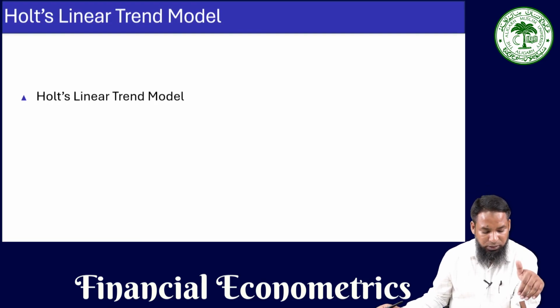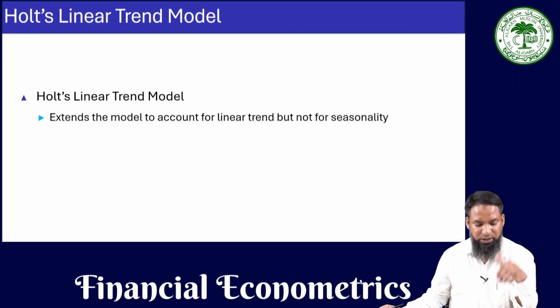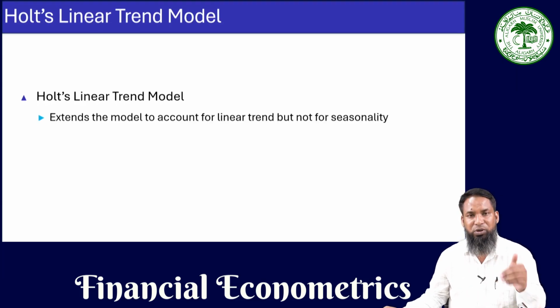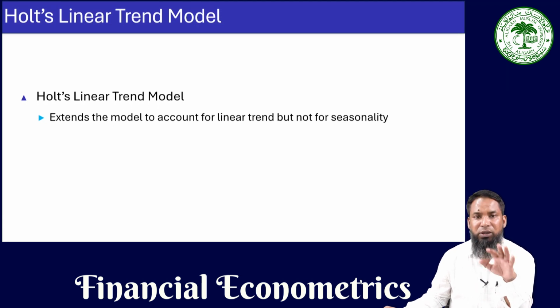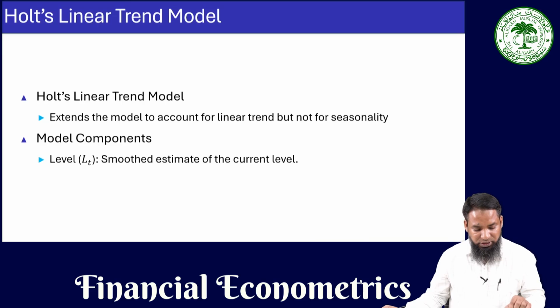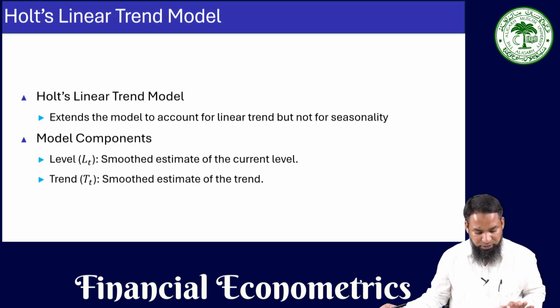Then another exponential smoothing method is Holt's linear trend model. Basically, this extends the basic simple exponential model to account for the linear trend. However, it does not account for the seasonality. The model components are the level, where L(t) is the smoothed estimate of the current level, and the trend, which is the smoothed estimate of the trend.